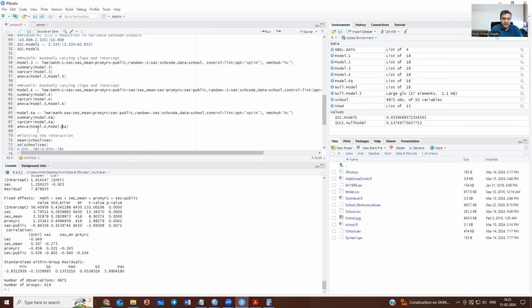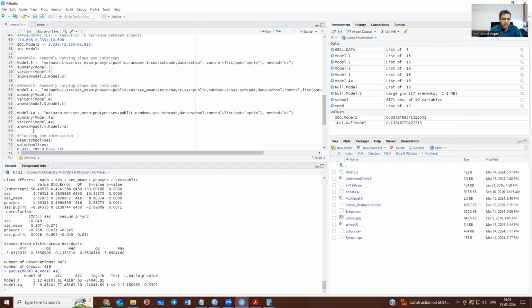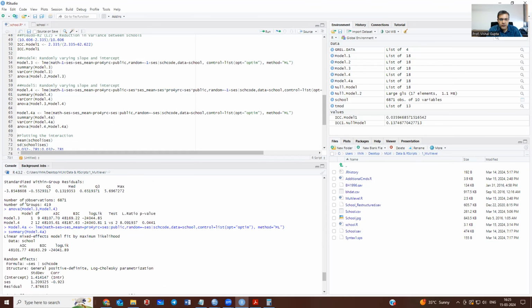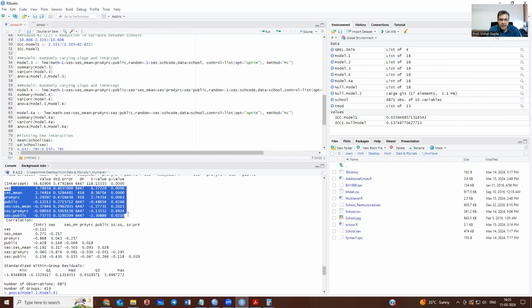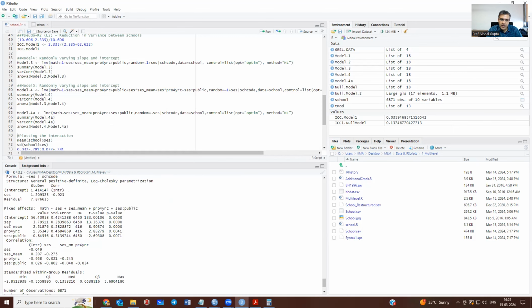Is this different from our previous model? It is not really different. Between model 4 and model 4a, we just dropped those terms. You remove those non-significant terms or you retain them, both are fine. You could have worked with model 4 or model 4a, that is absolutely fine.